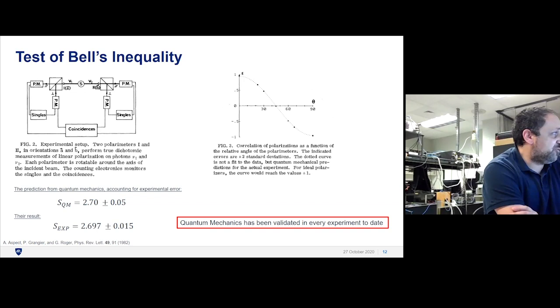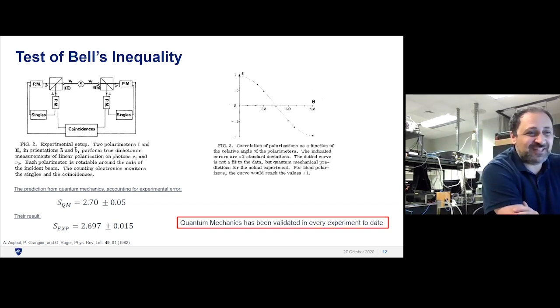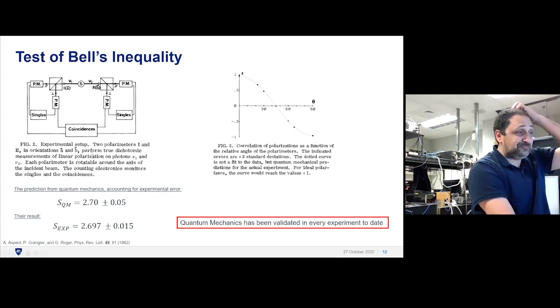Is there an application for this? You'll see there is. This is quantum sensing. There has to be. Now you have your counting electronics about whether you saw something here, just there, here, and then the coincidences.